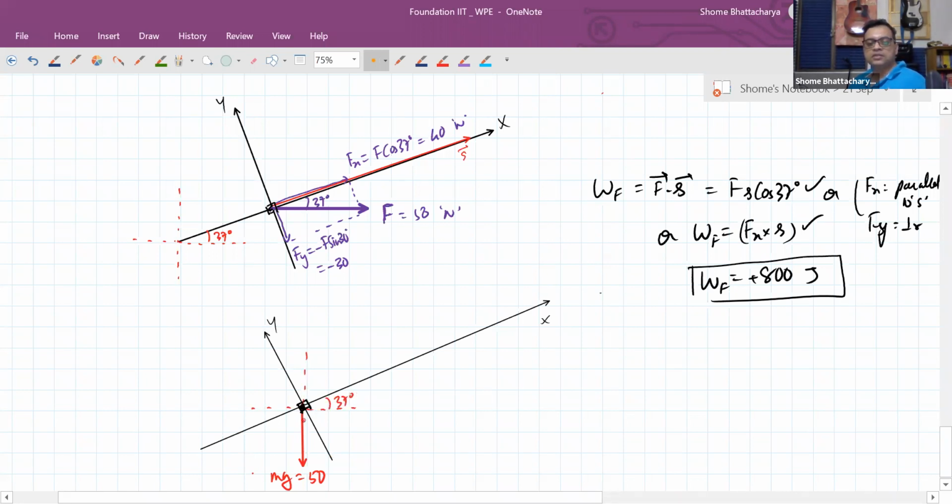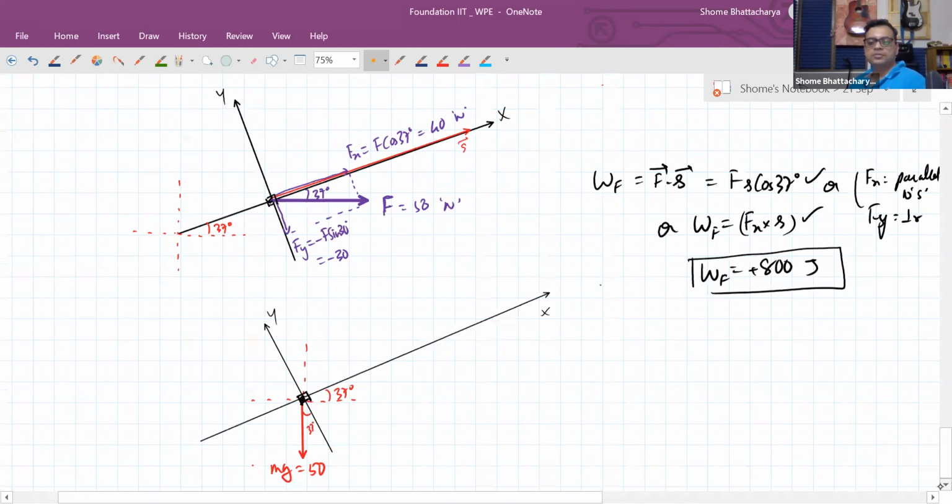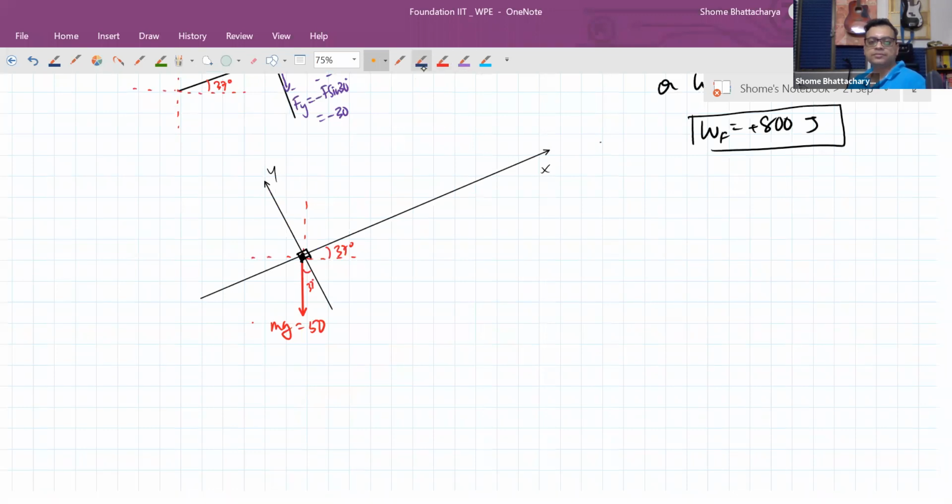So that means this angle will be 37. So mg has an x component and a y component, which will be minus of 30, sorry, minus of 40.